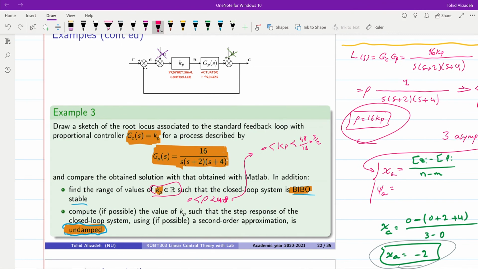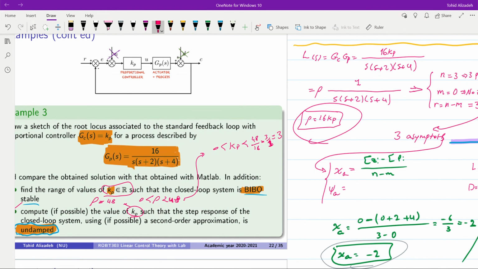And then coming back to this point, we want to compute the value of Kp. Again, we have found the value of rho, which is 48, and Kp obviously will be 48 over 16, so this is 3 indeed, such that the step response of the closed-loop system is undamped.